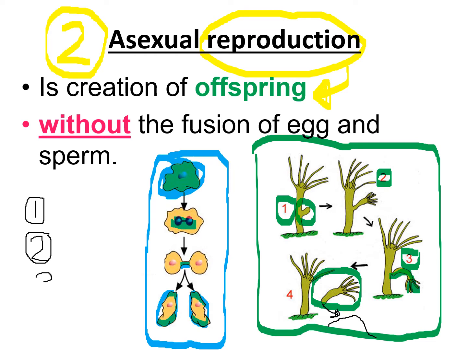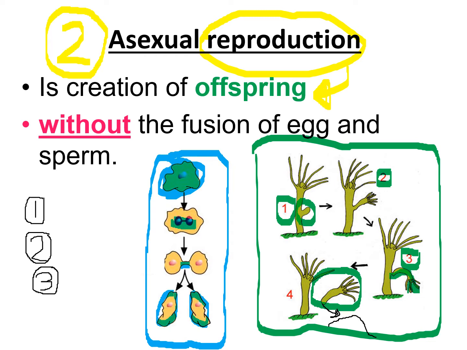Our third type of asexual reproduction is called fragmentation. And a good example of fragmentation is looking at sea stars. So sea stars, as we know, have 5 points or 5 sections in their bodies.